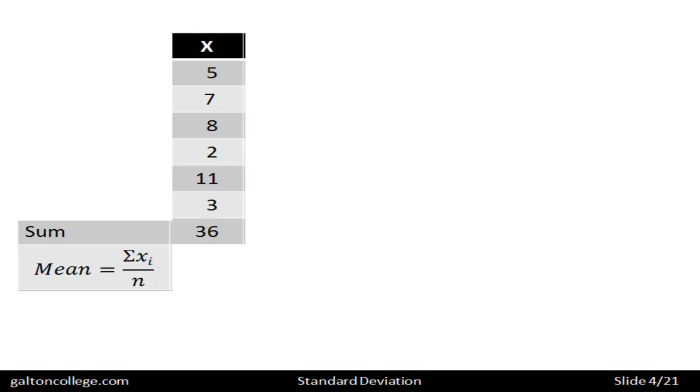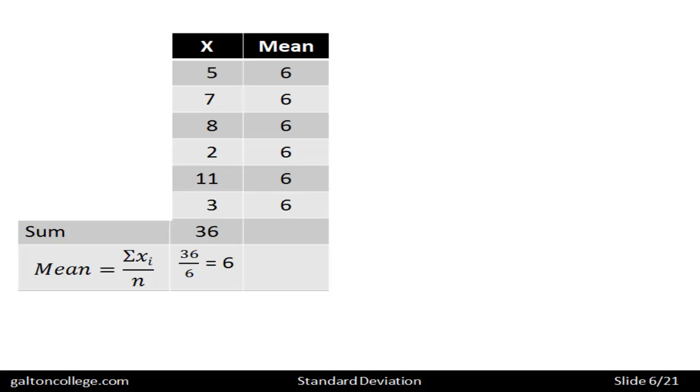And then we divide it by the number of observations, or the number of instances that we're counting. So we divide it by n. In other words, we take 36 and divide it by 6, which is equal to 6. So the average, or the mean, is 6.